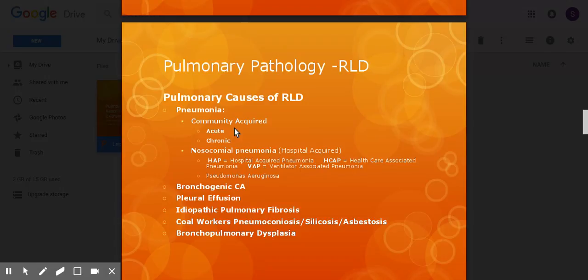The community-acquired pneumonias are divided into two categories: an acute onset of pneumonia or a chronic pneumonia in an individual with other pulmonary dysfunction that makes them susceptible to ongoing infections.